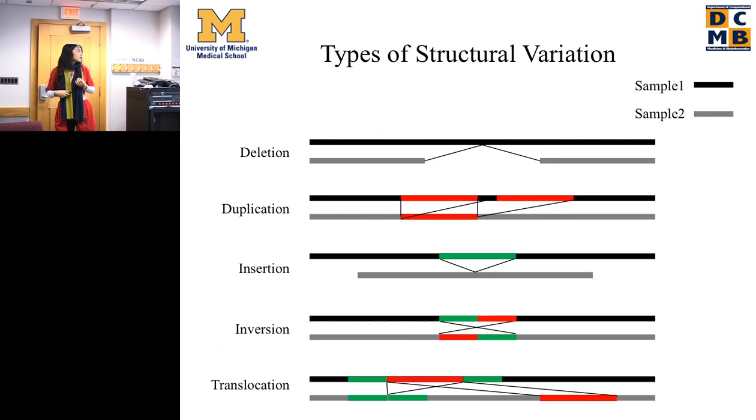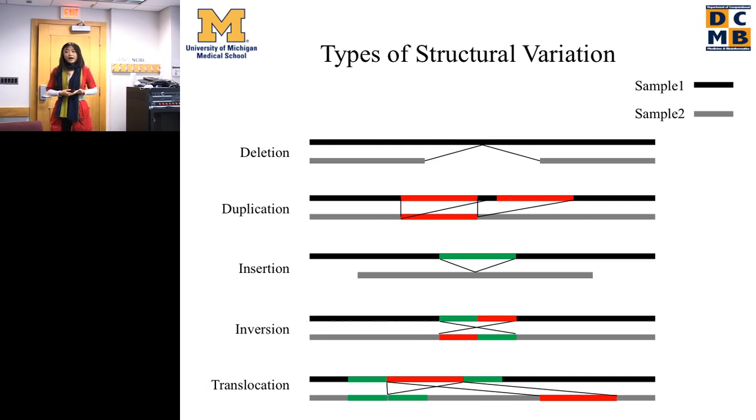For duplication, there is one red bar here on sample 2, while in sample 1, this part got duplicated and inserted somewhere else. Maybe close to the original copy, but it may also be very far, in some other chromosome maybe. So this definition is relative, based on one sample compared to the other.